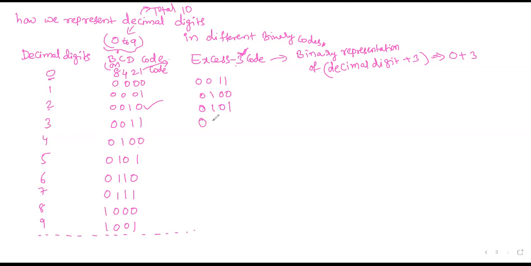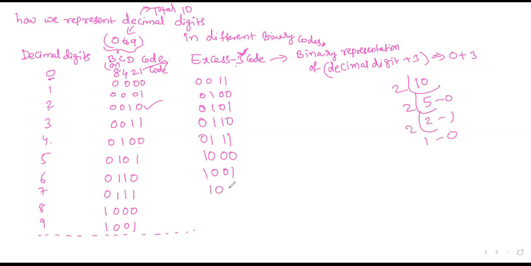3 is nothing but 6. 4 is 4 plus 3, 7. Then 8, 9. Now 7 plus 3, 10. How will you represent 10 in binary? In binary, 10 you can write as 1, 0, 1, 0. 11 is 1, 0, 1, 1. 9 plus 3, 12, so 1, 1, 0, 0.